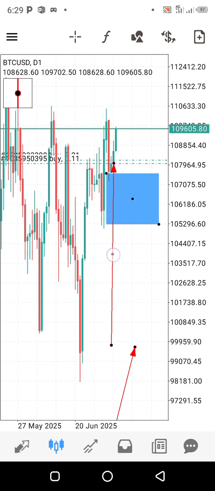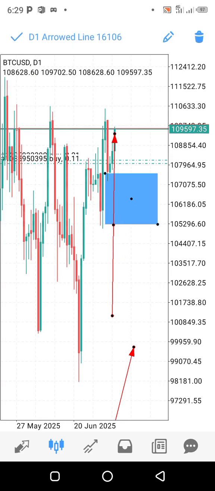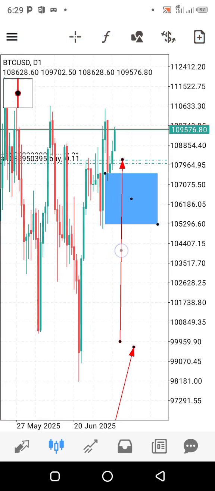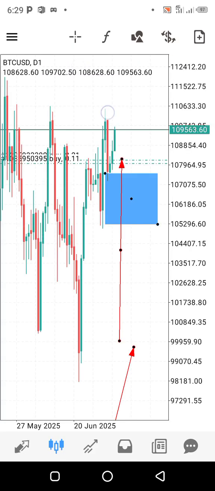So I was expecting that price could continue higher, which it did right now. And yeah, if price is unable to break above this high here, then I can just simply call it my first TP, because that is a key supply zone.